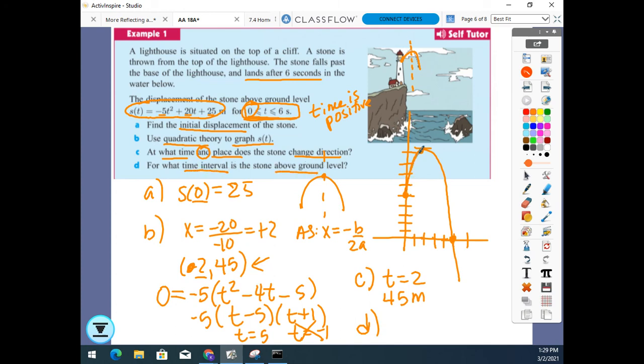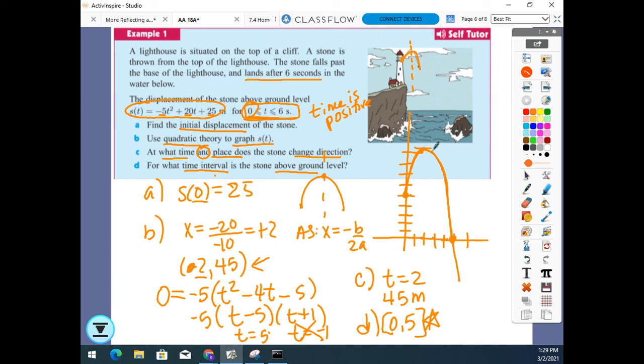It starts at 0 and it's above the ground until it gets to 5. That's why this was important here. So I'm going to say on the interval from 0 to 5. Don't say 5 seconds. It's asking specifically for an interval, so make sure you answer in an interval.